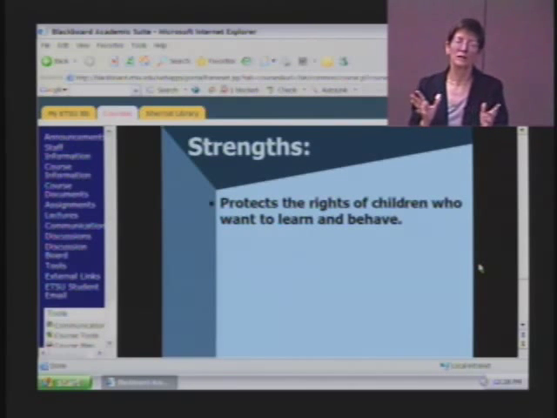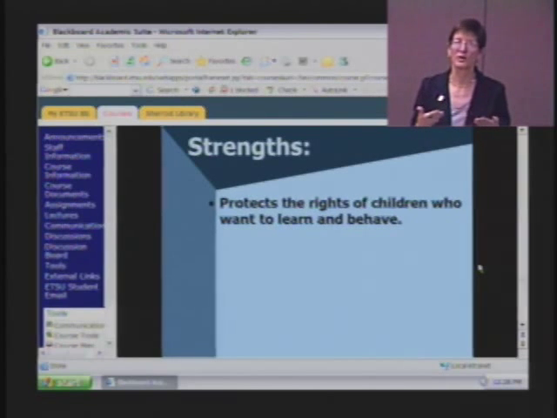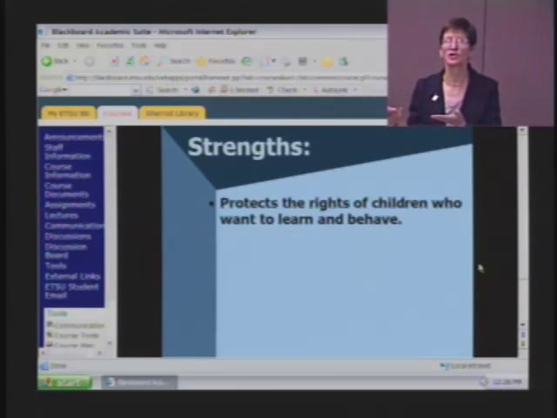Often, and we do not have to make a moral judgment, they may have some sort of psychological disturbance, but they fundamentally have no interest in behaving and learning, and they constantly disrupt and interfere with the rights of other children who want to behave and want to learn.